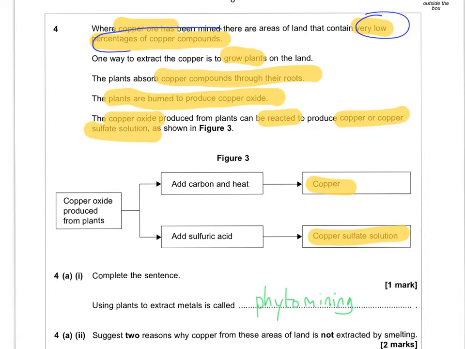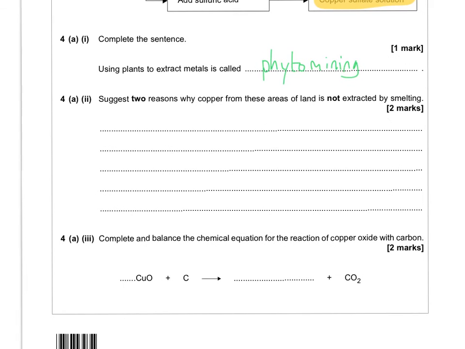Okay, so because there's very low percentages, okay, we've got to think: is it worthwhile? Now, if it's not worthwhile, we've got to think why it's not worthwhile, and it's probably not enough money in it, and we can come up with a word that is uneconomical. Okay, so we'd put that in terms.